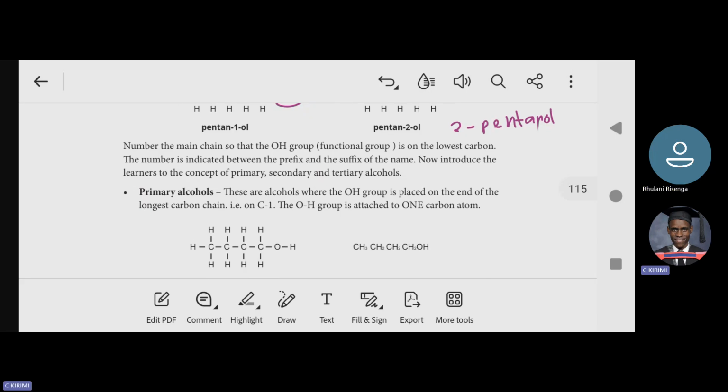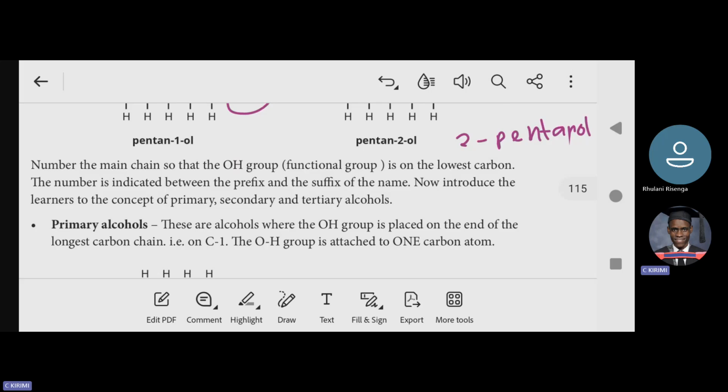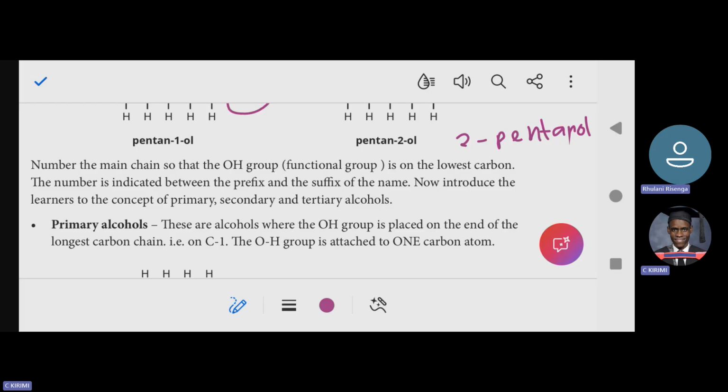Then the numbering of the main chain, so that the OH functional group is on the lowest carbon. So you always use the same method, the numbering. The number is indicated between the suffix and the prefix of the name.